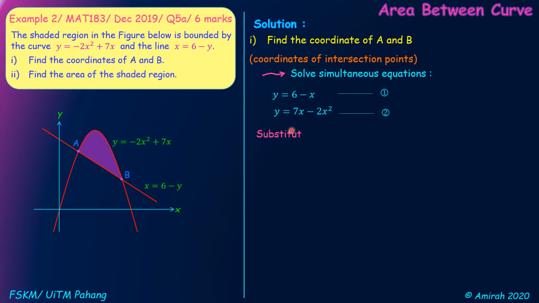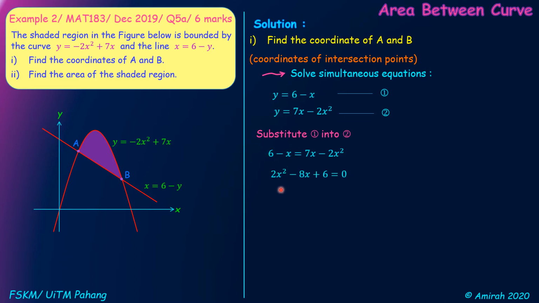Then we substitute equation 1 into equation 2. So we get 6 minus x equals 7x minus 2x squared.